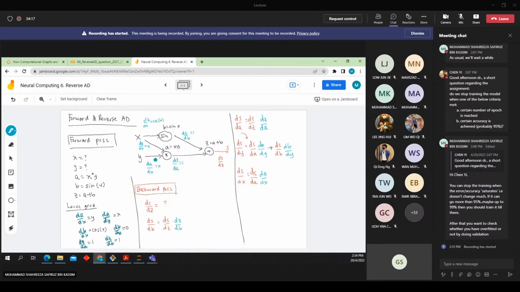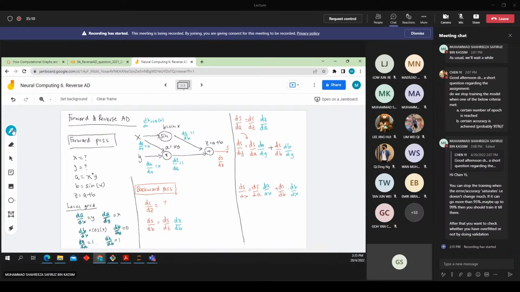I'll just write it down here: ds over da plus ds over db, and then I'll populate da/dx plus db/dx.